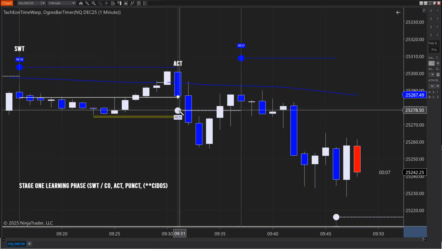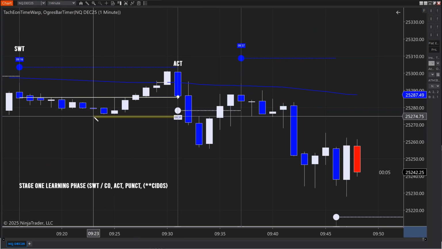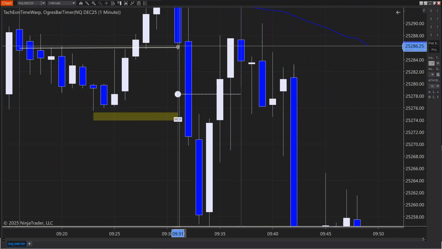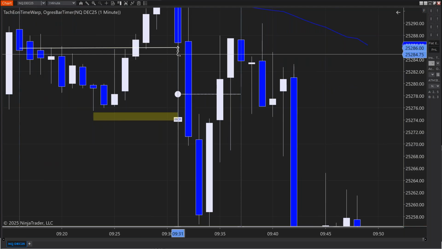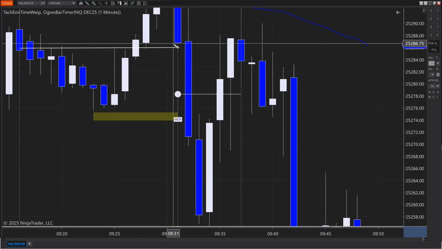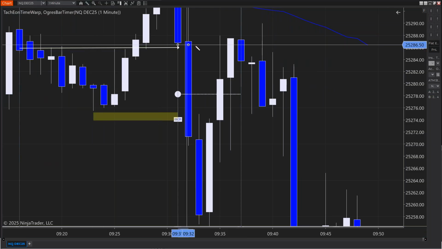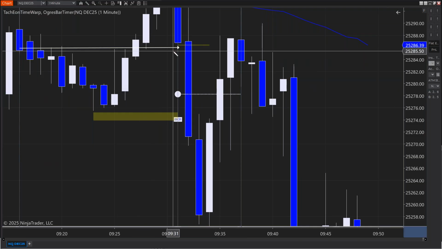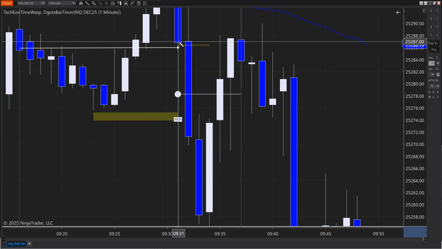That dotted white line is here. The structure to the immediate left of me is worse than that. So in this instance, I have to, my voice actually squeaked. The most risk I can deploy is 2 ticks under this candle. So that is stopped out immediately.